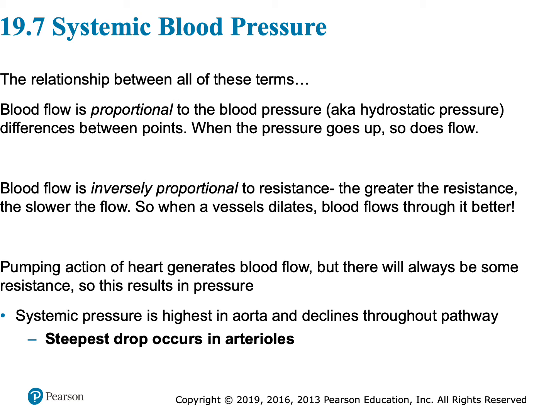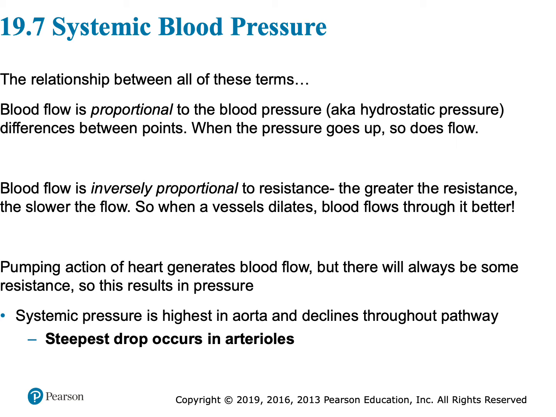Okie dokie, so why do I need to know all these definitions? Well, there is a relationship between all of those terms. Blood flow is going to be proportional to blood pressure.